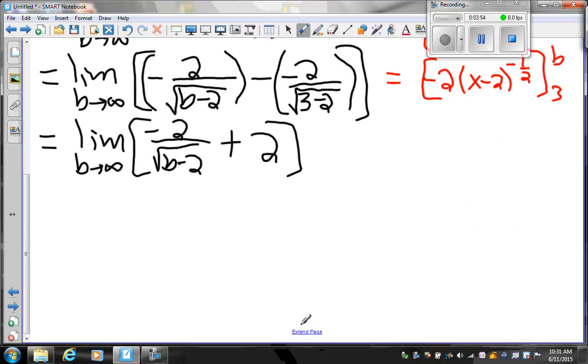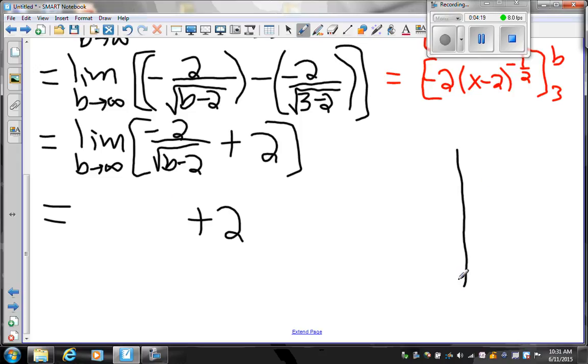Now when we try to take that limit, of course we can take the limit of each term separately. So the limit of 2 is just 2. But notice that in this term, b is going to infinity, so it's getting larger and larger and larger. When you subtract 2, that doesn't do much for it. When you take the square root, you're still getting larger.